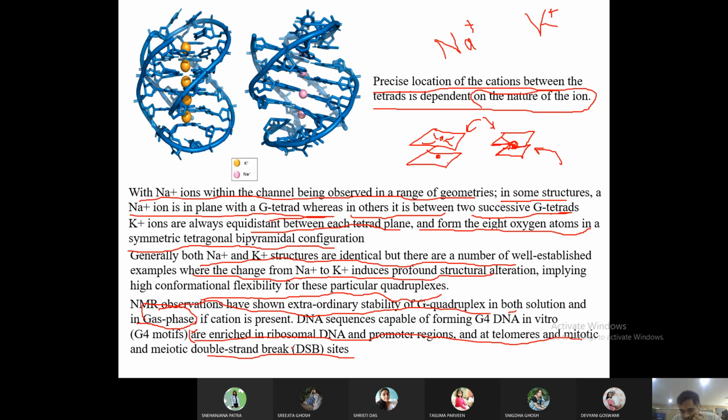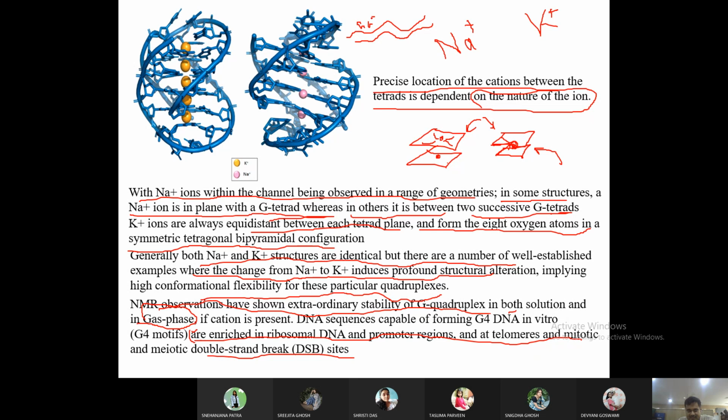And it is quite common to find this kind of structure in promoters, telomeres, and mitotic double-stranded break sites. Okay, so far so good. So what I am telling is that there was a humble double-stranded DNA which has some G quadruplex forming region.